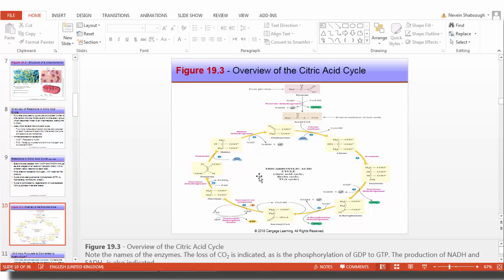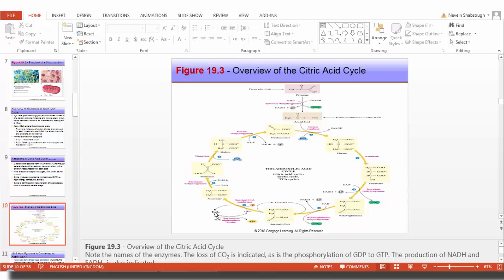Now the usual oxidizing agent is NAD+, in all except the one in step 6 here, where the enzyme is succinate dehydrogenase and the oxidizing agent is FAD. And we notice here in step 5 the one molecule of GTP is produced upon phosphorylation of GDP.